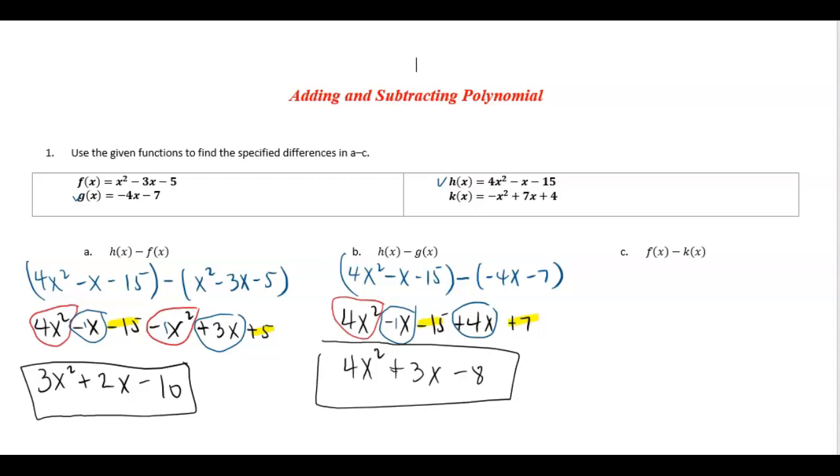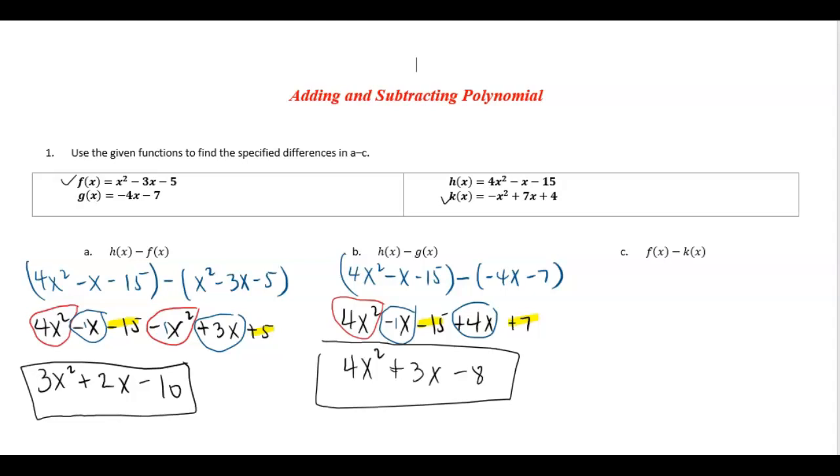All right, that's the last one. F of x minus k of x. Okay, we got f of x here, and we got k of x here. So it's going to be subtraction.